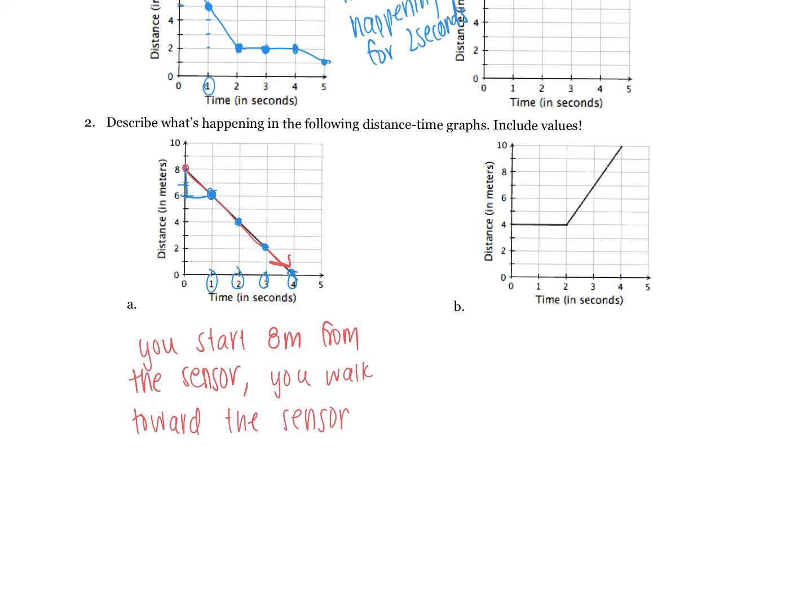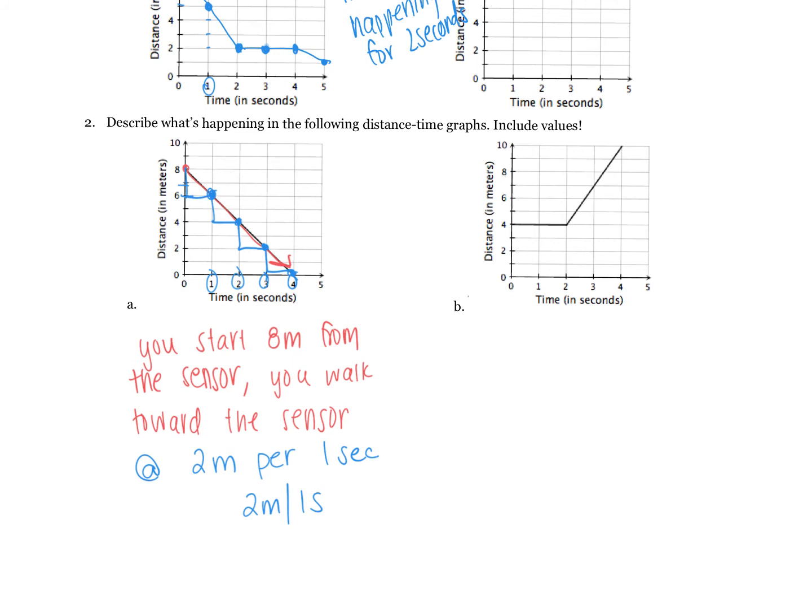So I went 2 meters per second. And again here. And again here. So this means you are walking toward the sensor at 2 meters per 1 second. Or you can write it 2m/1s. That means the same thing. So you are walking 2 meters every second.